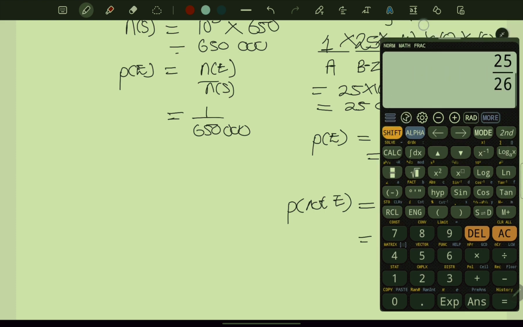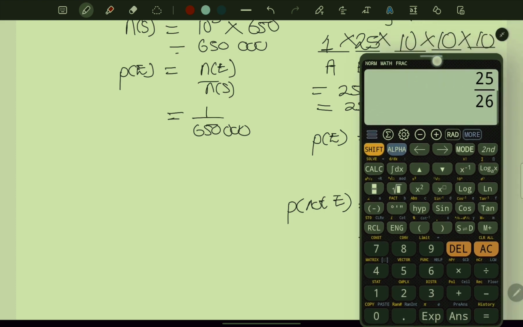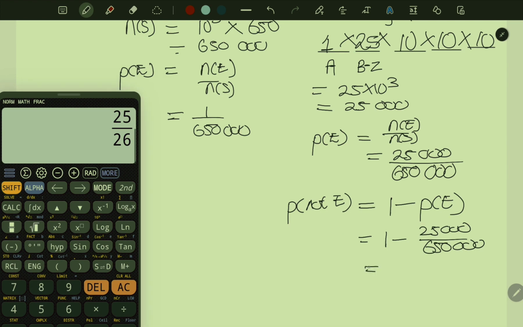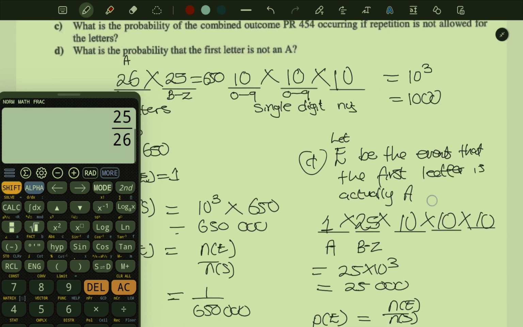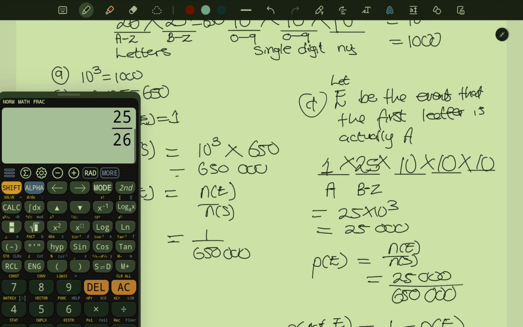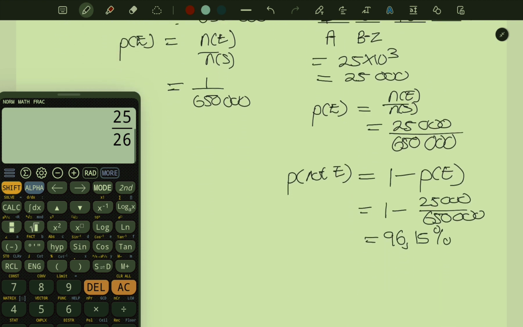So the probability of not E is 96.15%. Remember, not E is the probability that the first letter is not A. E was the event that the first letter is actually A. So not E will be the event that the first letter is not A. I hope that makes sense.